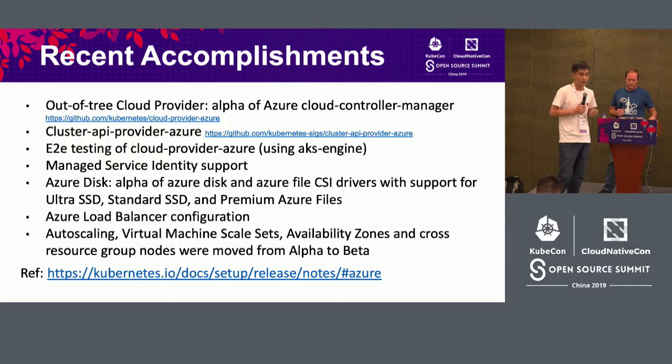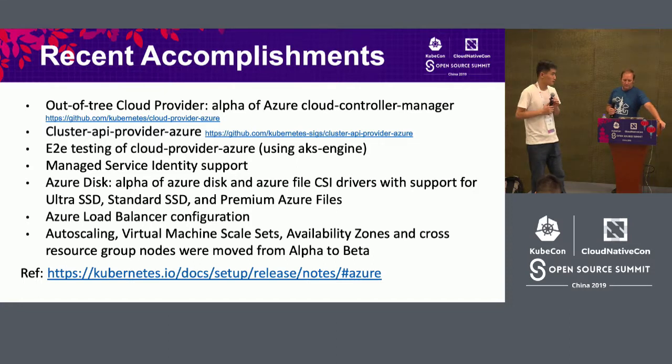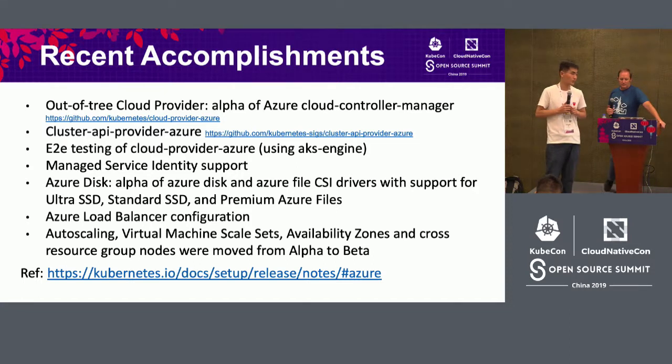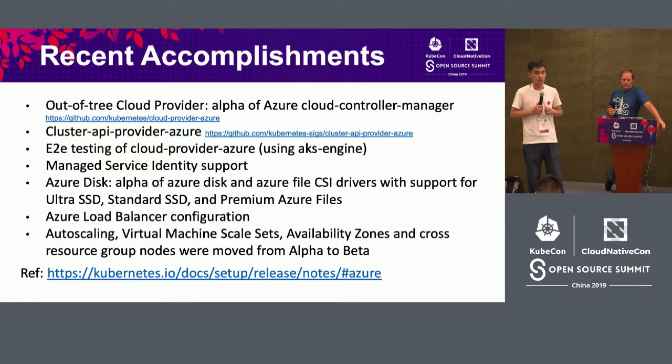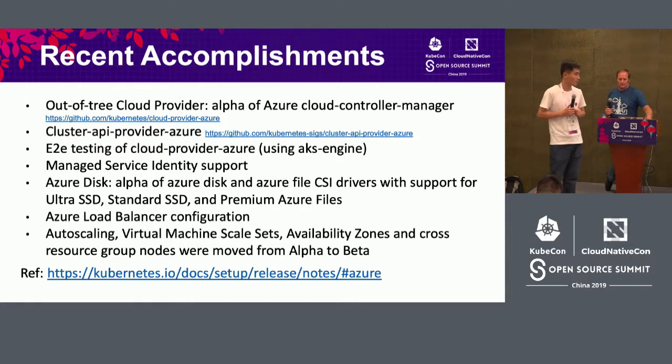And the last one is about many new features, for example, the auto-scaling, the virtual machine scale sets, the availability zone, the cross resource group nodes. We have moved such features from alpha to beta.